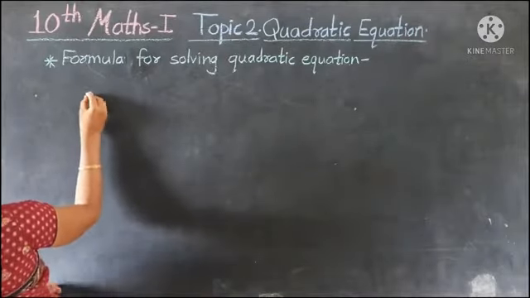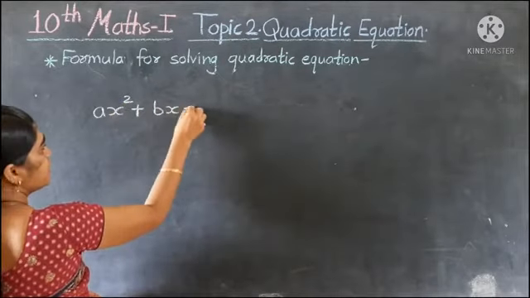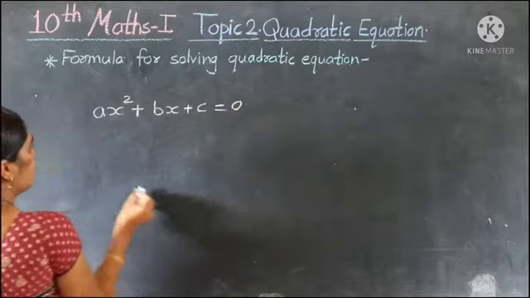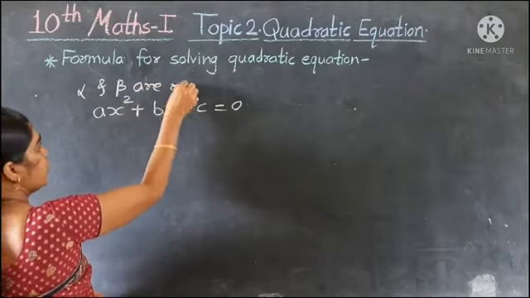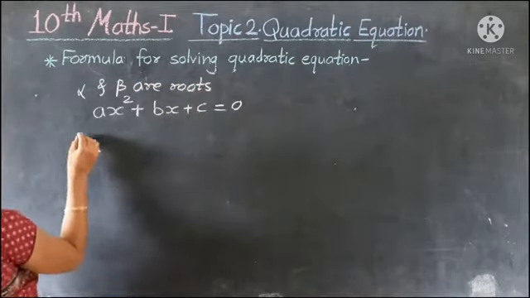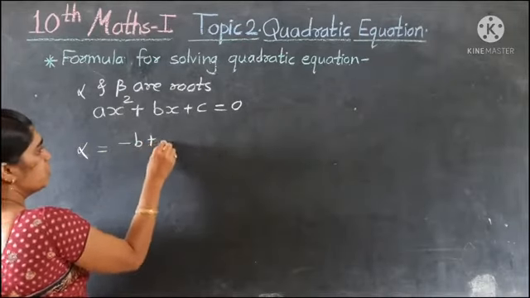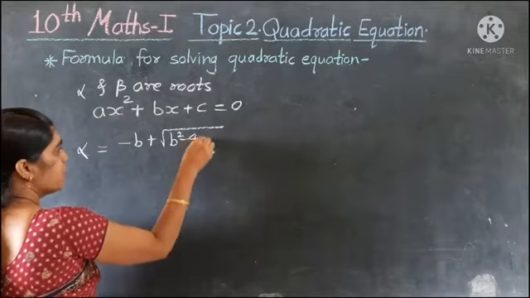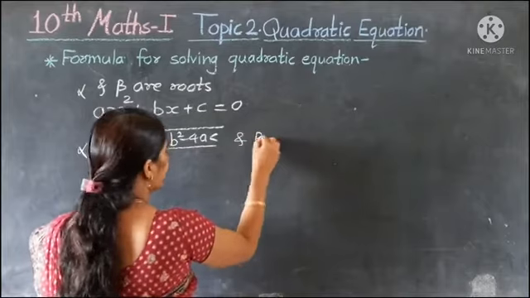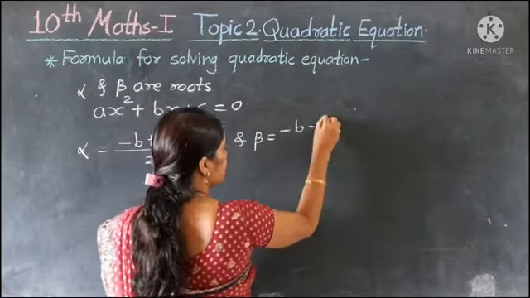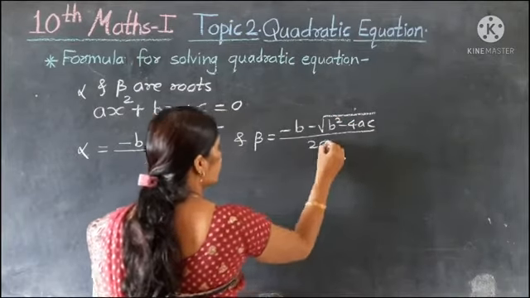See, suppose this is the quadratic equation, ax square plus bx plus c is equal to 0, and if alpha and beta are roots of this quadratic equation, then we can write alpha is equal to minus b plus root b square minus 4ac upon 2a, and beta is equal to minus b minus root b square minus 4ac upon 2a.